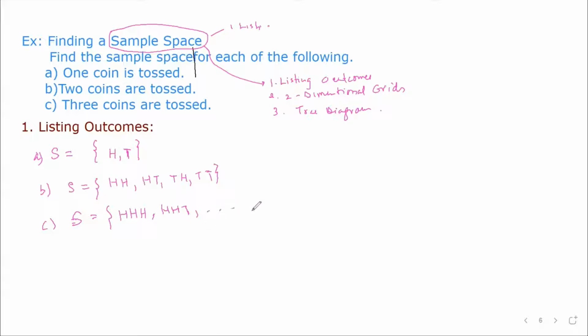So you keep listing until you get to tail, tail, tail. But we can use a tree diagram for this one, maybe that's the next method. So that's the way if we do it by listing. This is listing outcomes. Okay, so now we try the second one, the 2D, two-dimensional grid, the grid way.